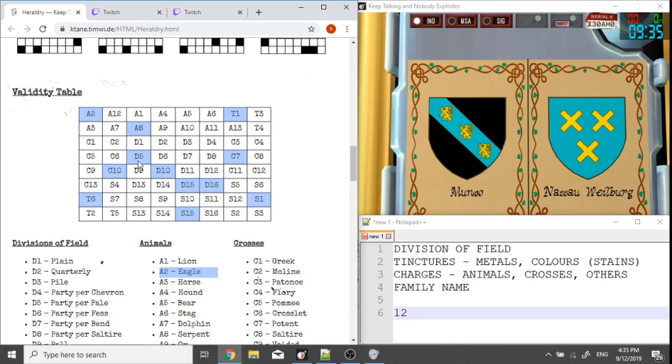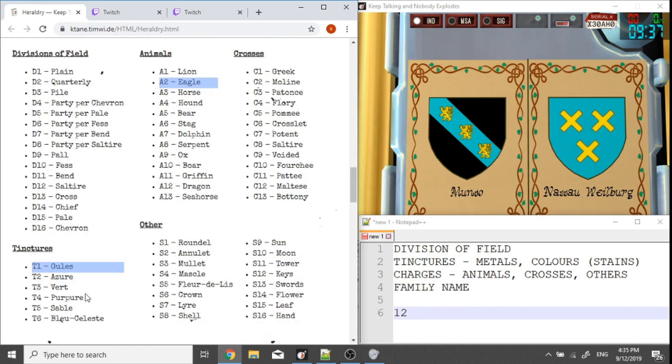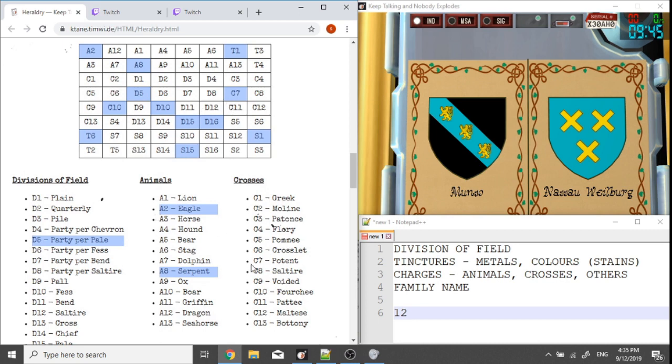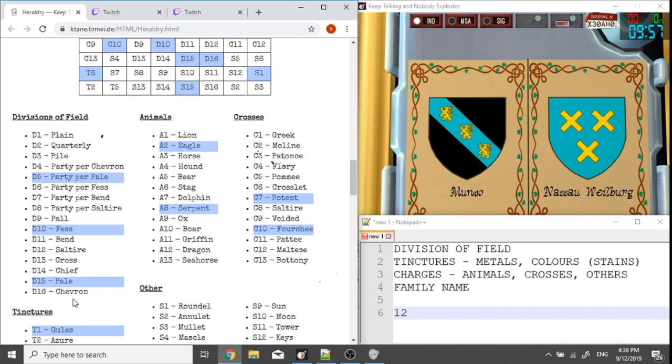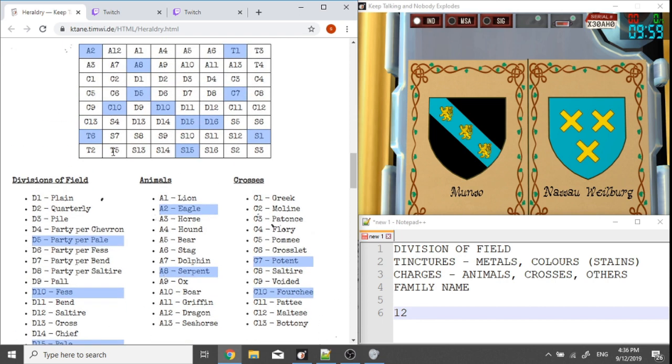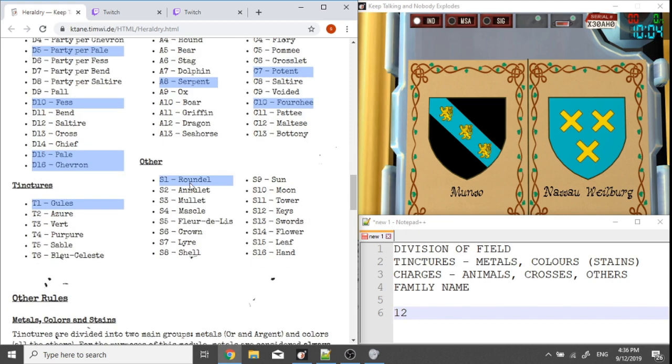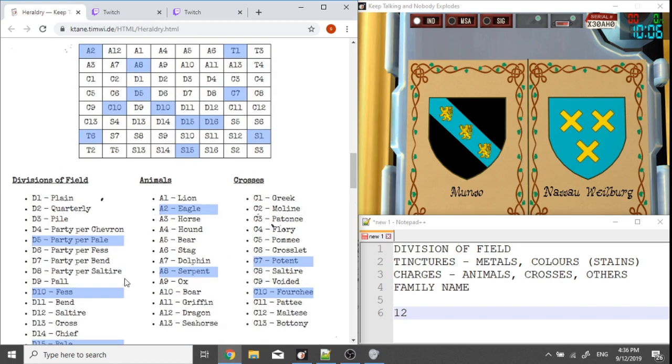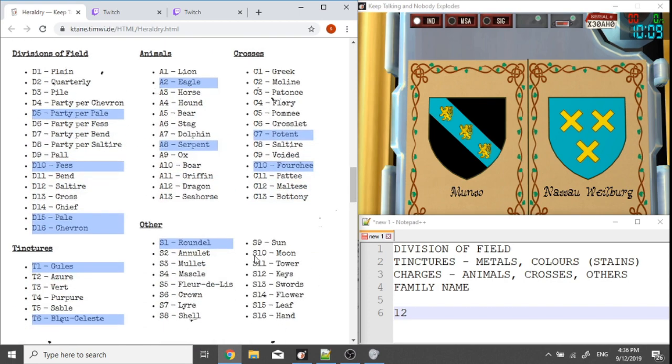We have A8, D5, C7, so animal serpent, division here, and a cross. C10, D10, so this cross is valid, this division is valid, D15, D16, these two divisions are valid, T6, S1, so S would be our other here, and T6, and finally S15.